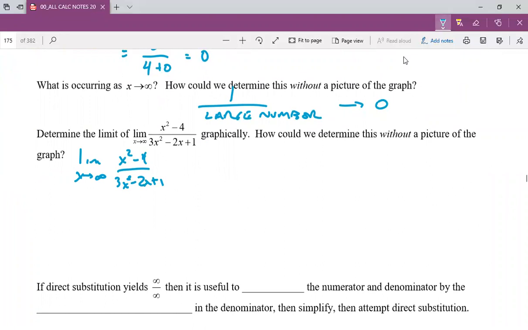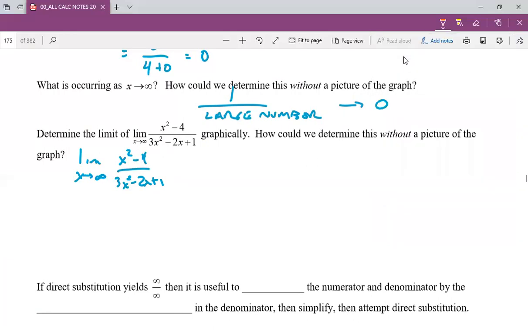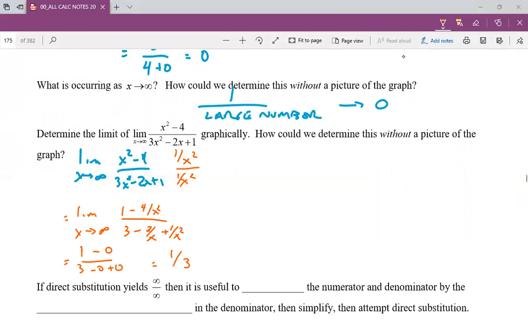We are going to divide top and bottom by x squared, that is, multiply by 1 over x squared. And when we do that, we get the limit as x goes to infinity. What do we have? We are left with 1 minus 4 over x squared. Distribute downstairs, we get 3 minus 2 over x plus 1 over x squared. When we evaluate this limit, a lot of this becomes 0. 1 minus 0 over 3 minus 0 plus 0 ends up being equal to 1/3.